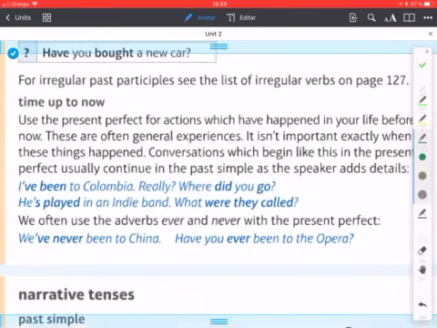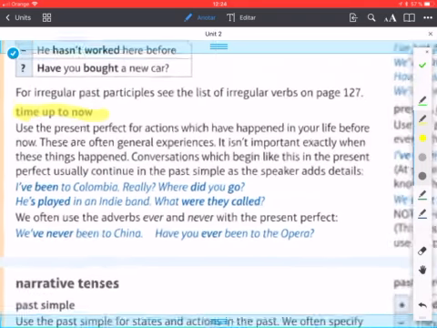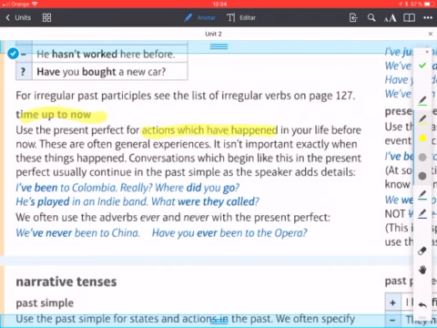Time up to now. So use the present perfect for actions which have happened in your life before now, up to the present moment. Okay, imagine that this is the line of your life and this is now, or the present moment.